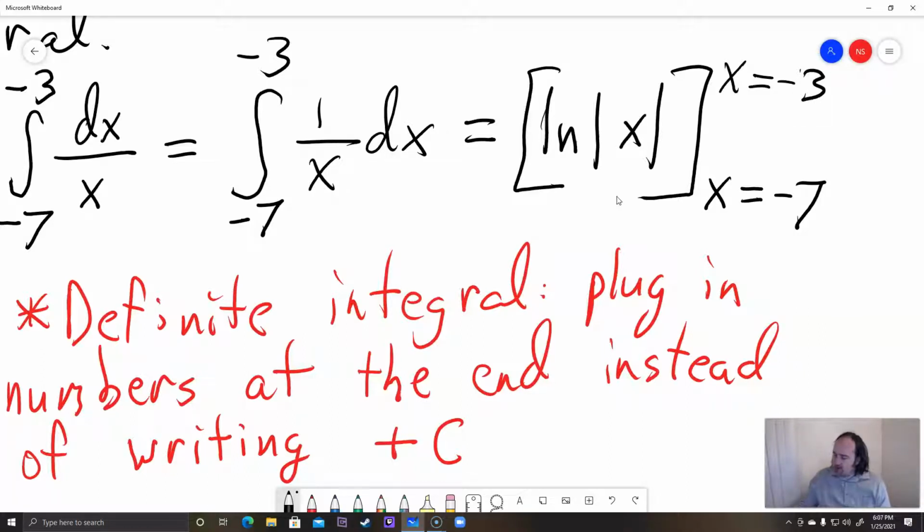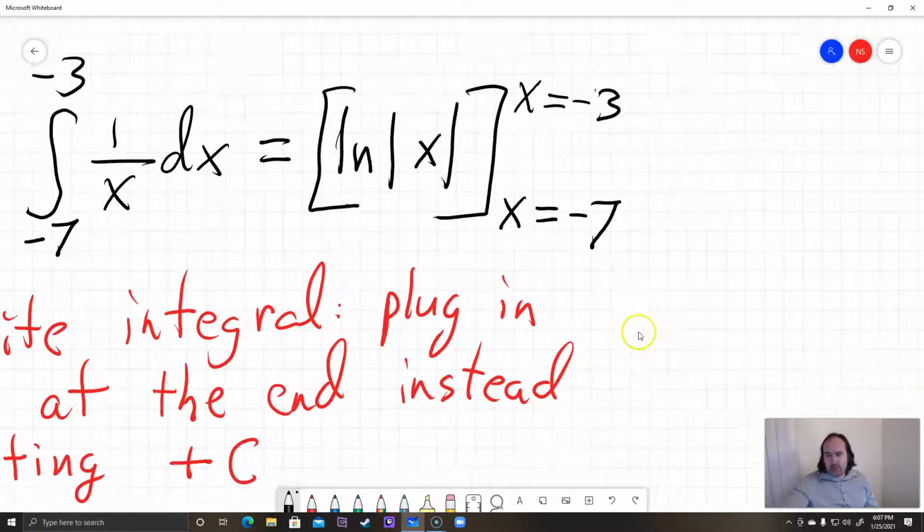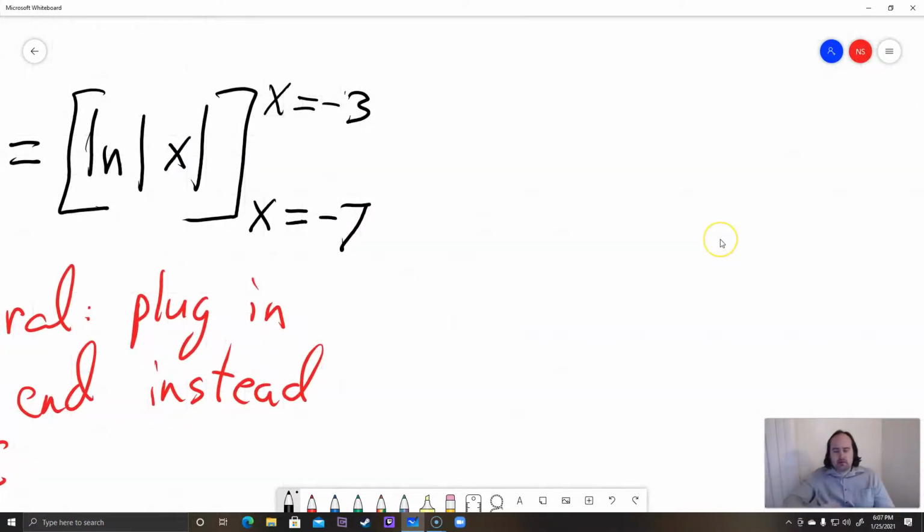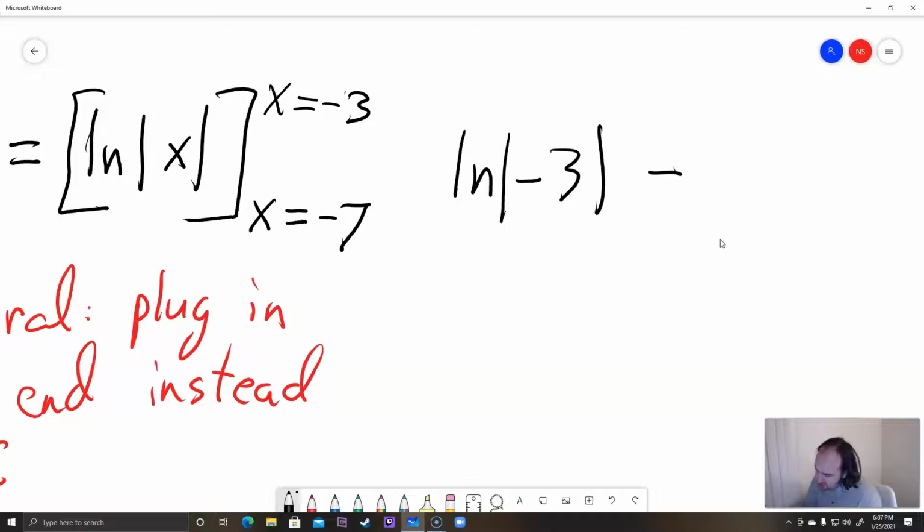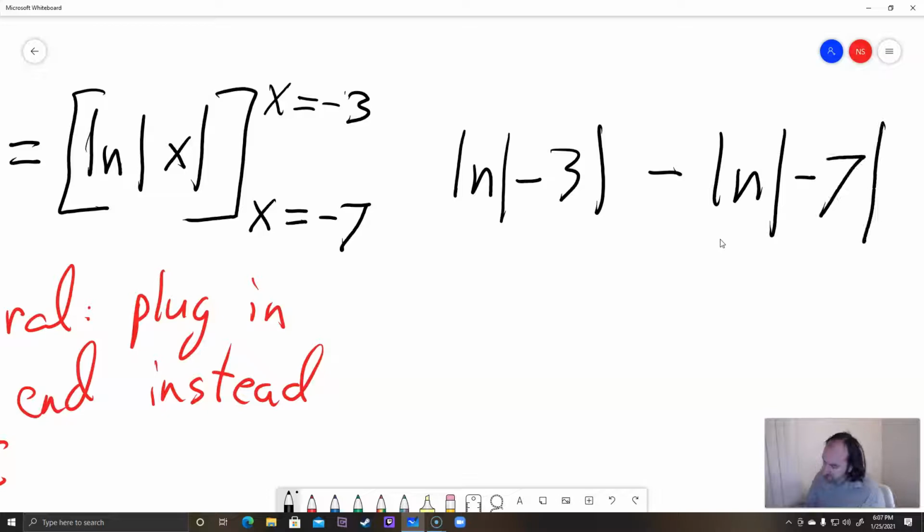Now, how do you plug in the numbers when it's a definite integral like this? Well, you plug in the top number first, in for x, and then you subtract the function evaluated at the bottom number. Okay? So this one is going to give us ln of absolute value of -3 minus ln of absolute value of -7.